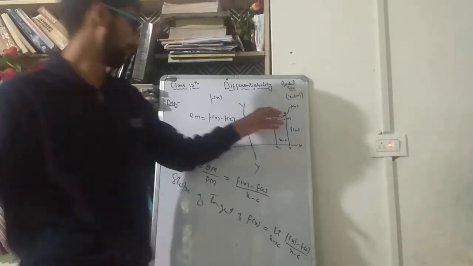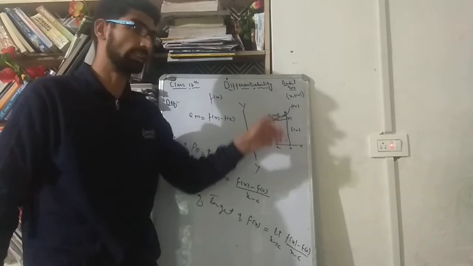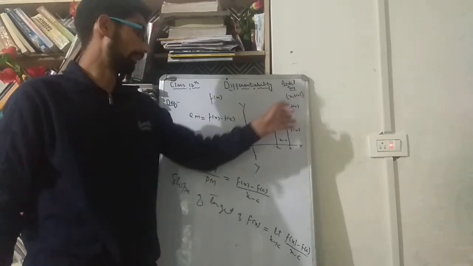PQ becomes the tangent of the curve f of x at point c.